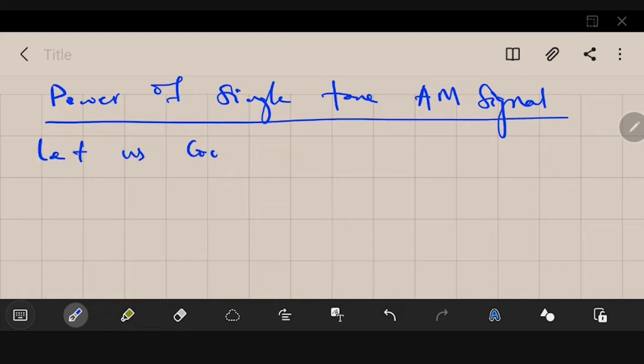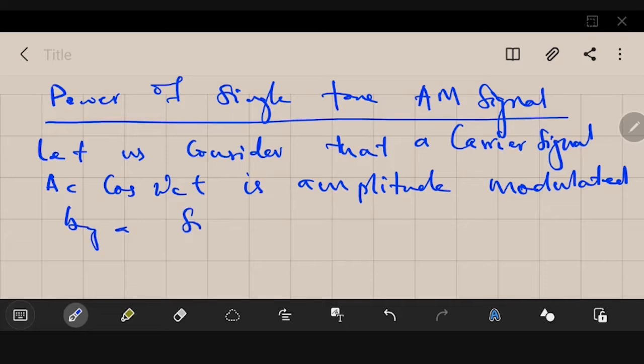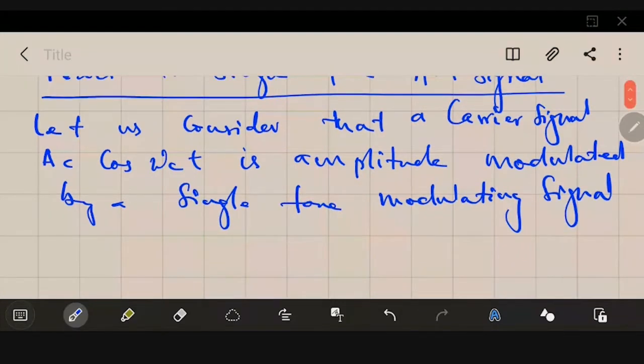So let us consider, you could note it, that a carrier signal Ac cos omega c t is amplitude modulated by a single tone modulating signal. So since it is single tone, your Vm of t is equal to Am cos omega m t.